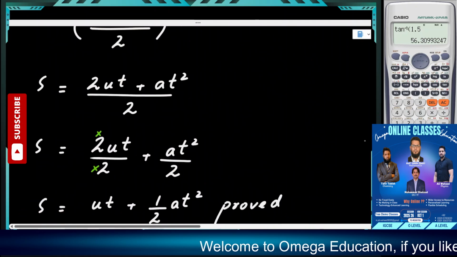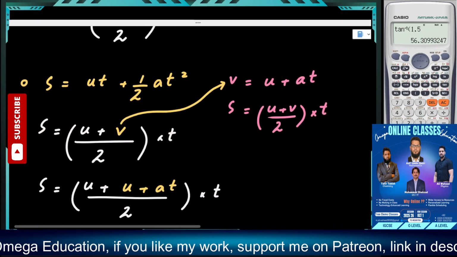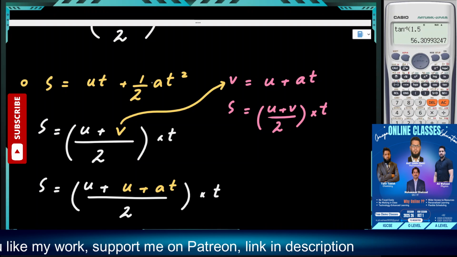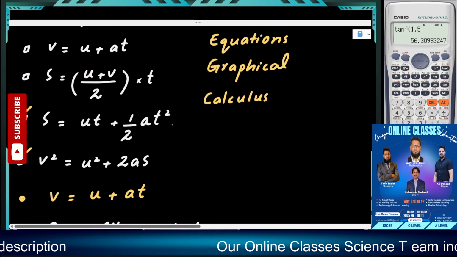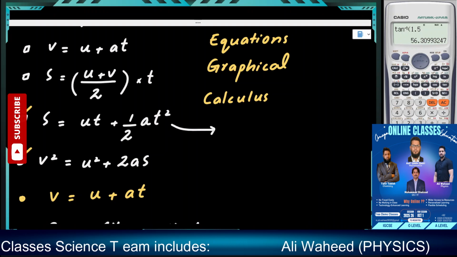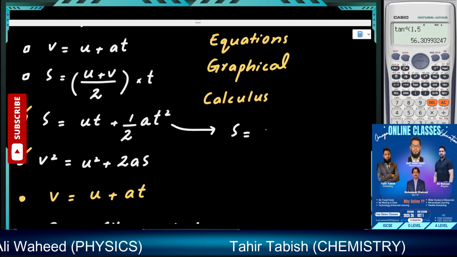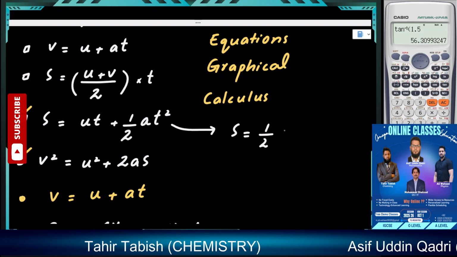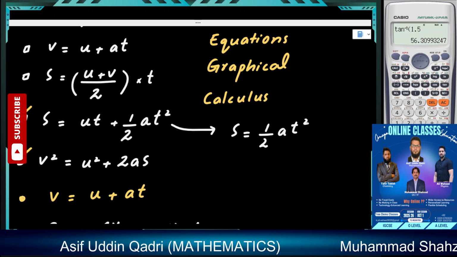Let me give you another thing. What do we have here? The second one. s equals ut plus 1 over 2 at square. In many of the cases, this equation is used like this. And what is that case?